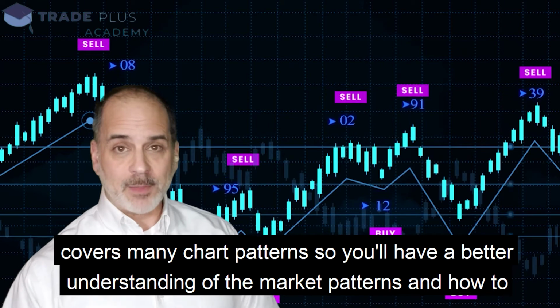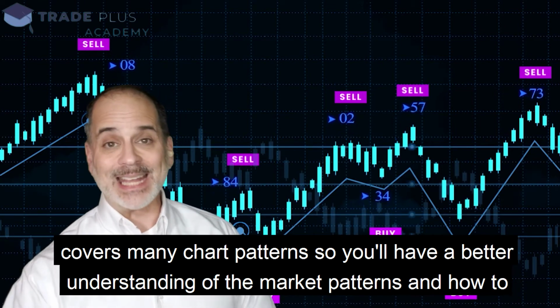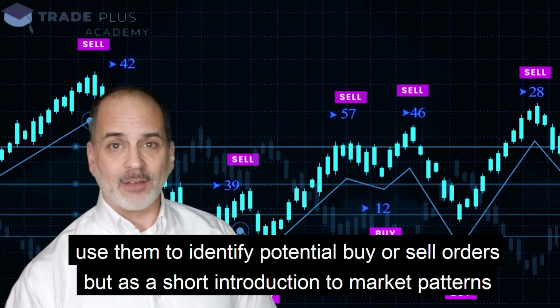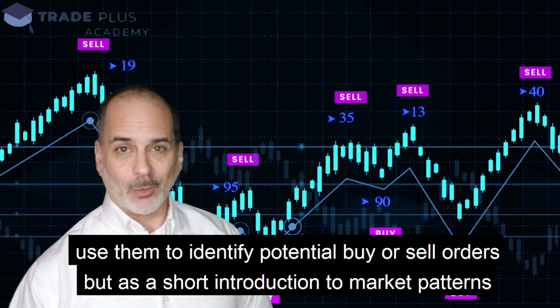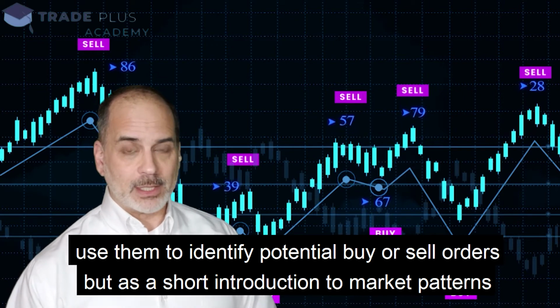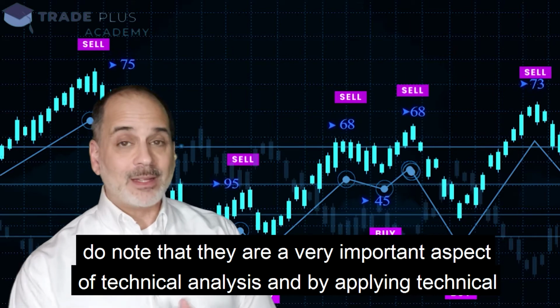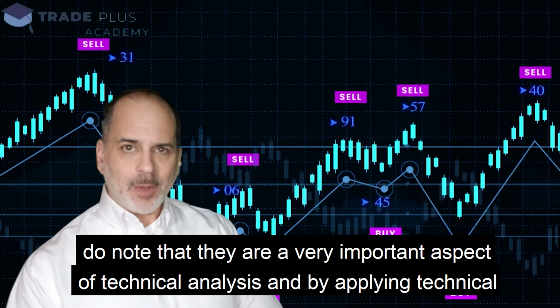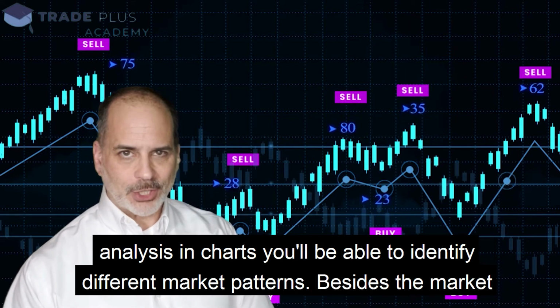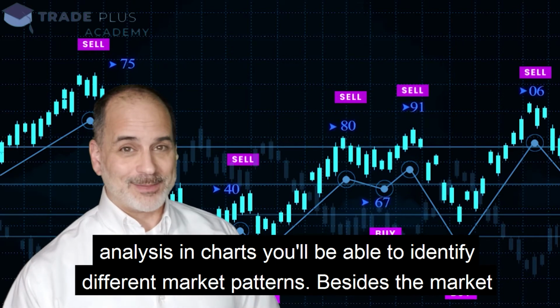The category covers many chart patterns, so you'll have a better understanding of the market patterns and how to use them to identify potential buy or sell orders. But as a short introduction to market patterns, do note that they are a very important aspect of technical analysis. And by applying technical analysis in charts, you'll be able to identify different market patterns.